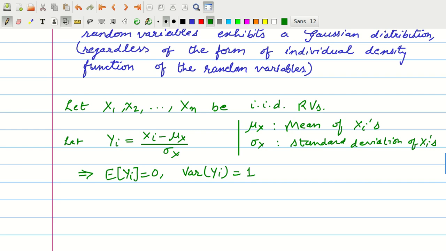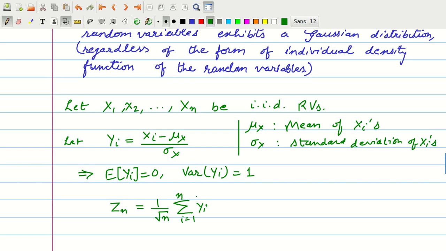In general, it can be shown for any random variable that if the mean of the random variable is subtracted from it, the new random variable will have a 0 mean, and when it is also divided by the standard deviation, the new random variable will have unity variance. That's very easy to show. Now define another random variable, say Zn, which is equal to 1 over root n summation i equal to 1 to n of Yi.